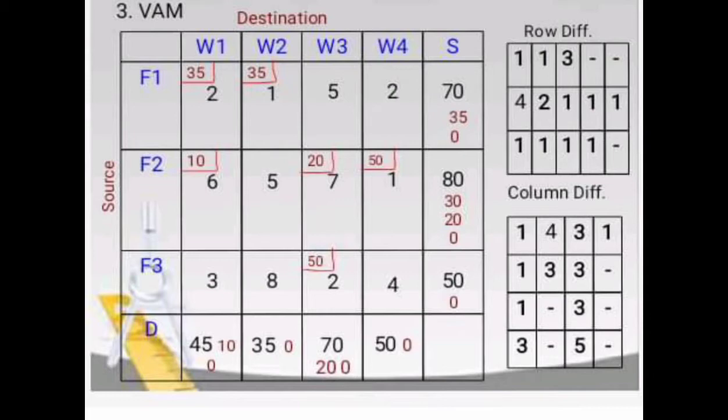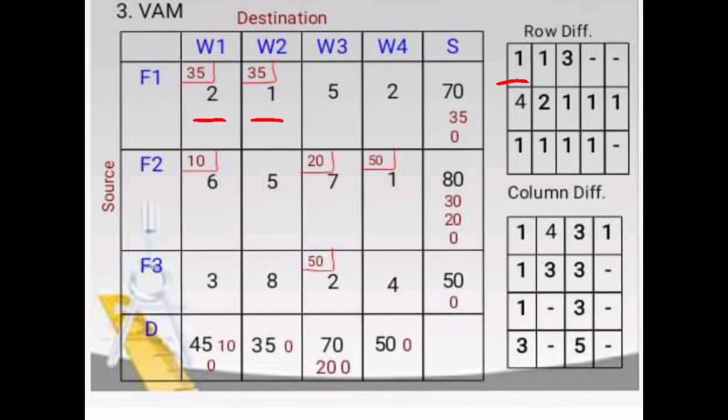To find the row difference, in the first row, we find the least value. The least value is 1. The next is 2, so we subtract this 2. So the row difference is 1.